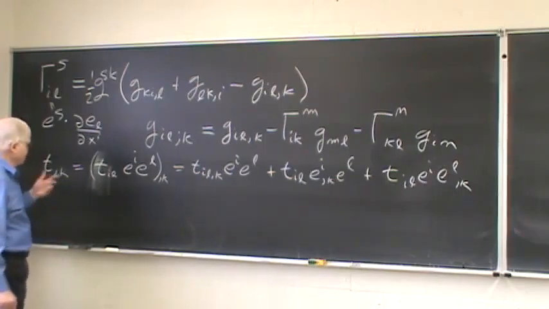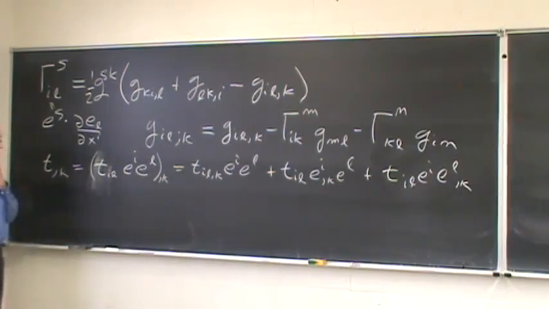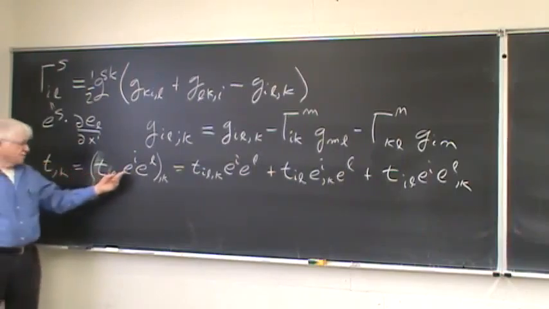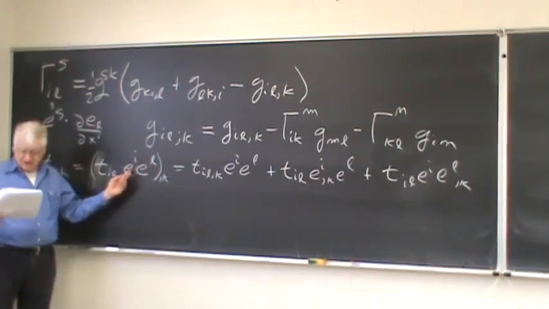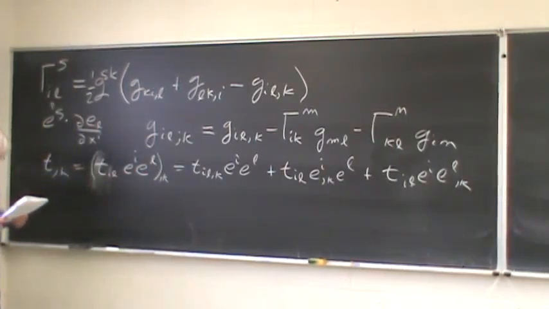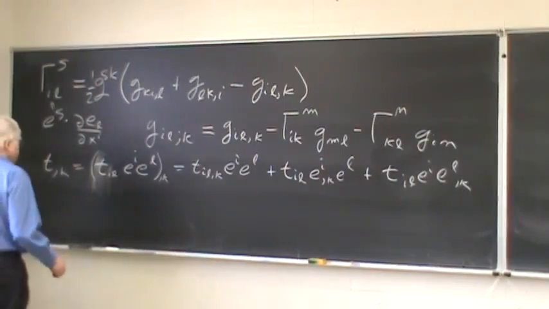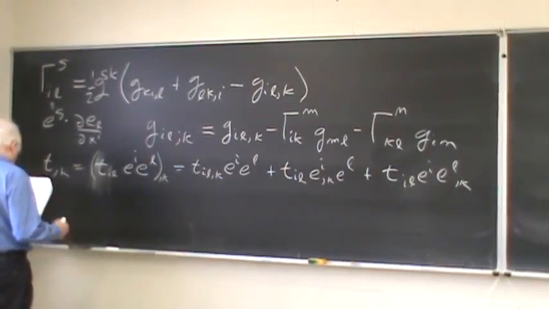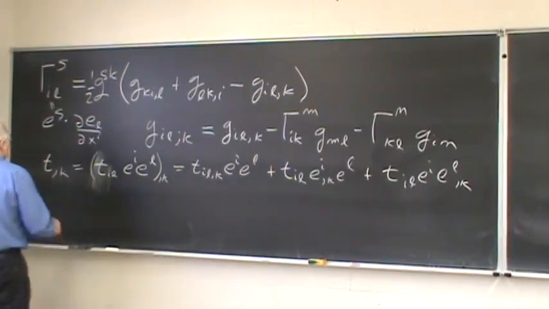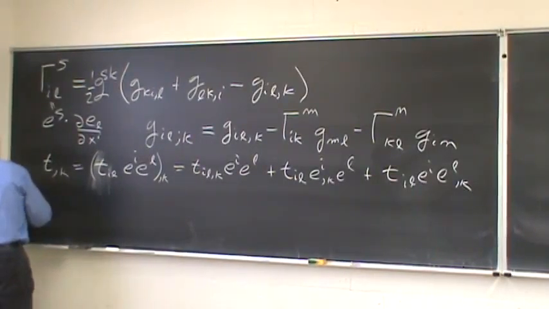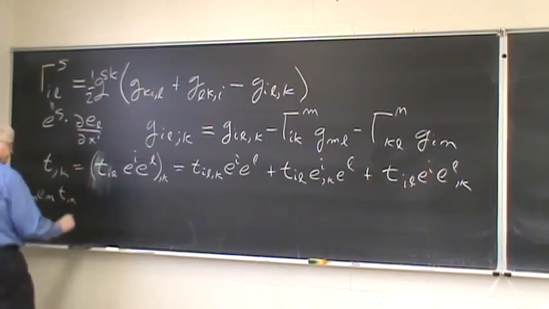Now, as we did with the covariant derivative of a vector, we're going to take the inner product of this with the vectors that are dual to e^i and e^l. So we do e_m e_n dotted into T comma k.